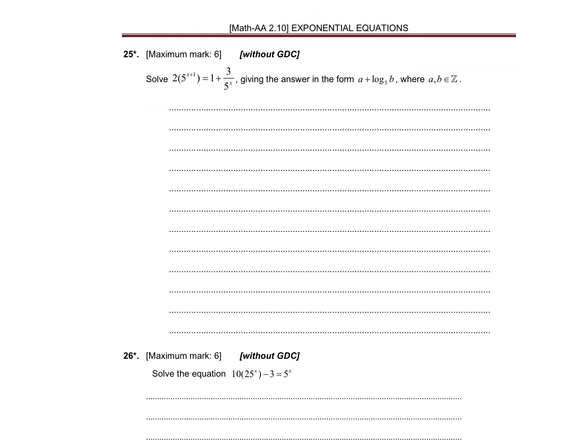25. Okay, so this one, if we multiply everything by 5^x, just to get it off the bottom, we're going to have positive 3 times 5^x, and then that's going to be 2, and then 5^(2x+1).